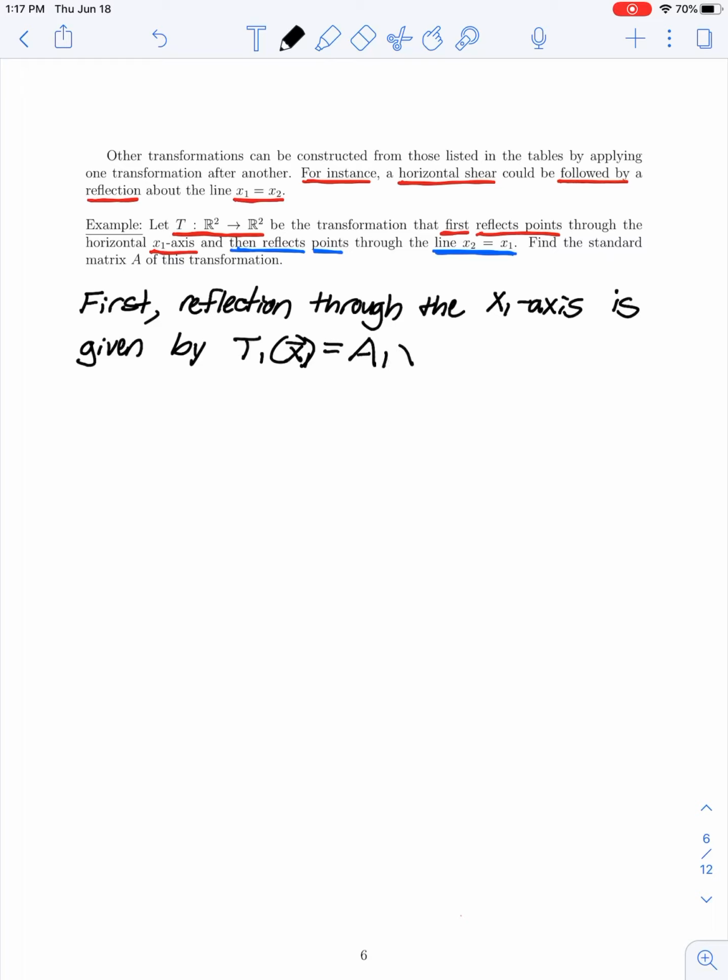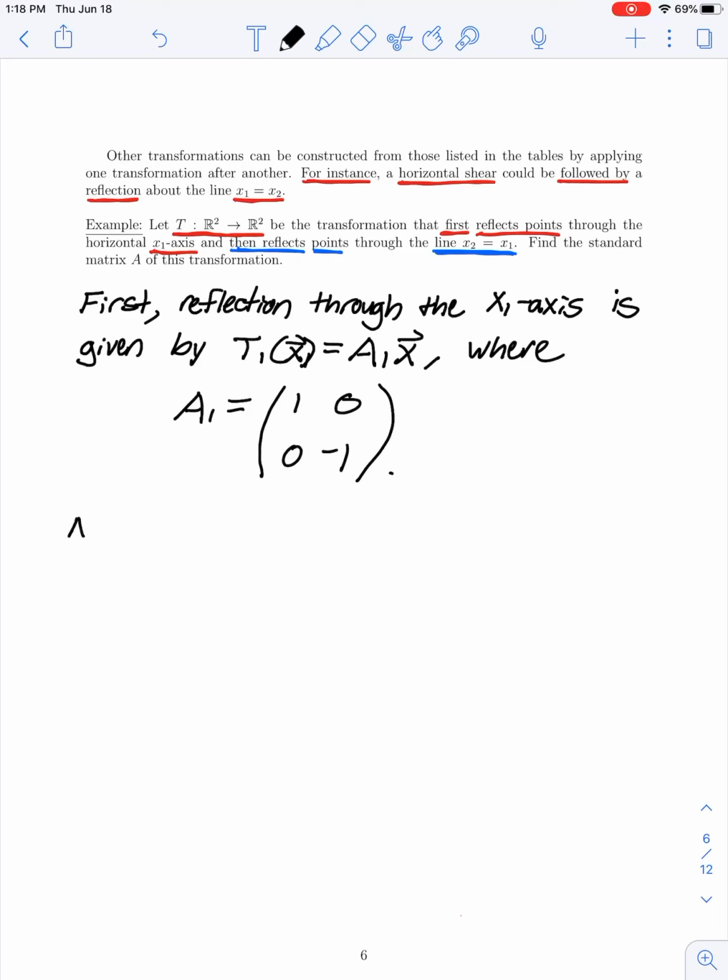It's going to be some matrix, I'll call it A1, times my vector x, where A1, the standard matrix for that transformation, looking back in our table, would be the matrix 1, 0, 0, negative 1. All right.